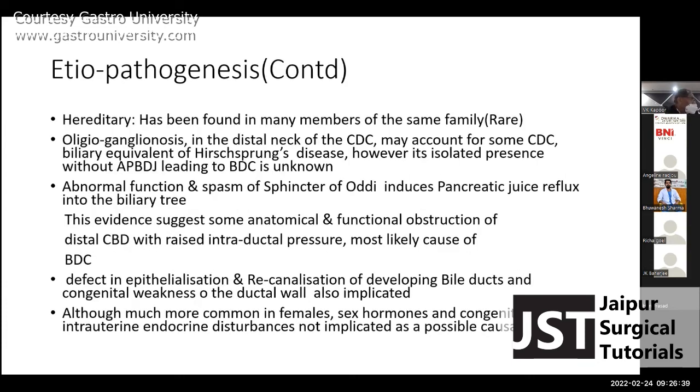Other theories are hereditary, as the cysts have been found in many members of the same family, though it's a rare occurrence. Then oligoganglionosis has been reported in the most terminal part of the CBD or in the distal neck of the bile duct cyst.